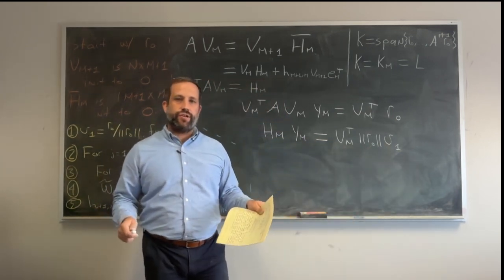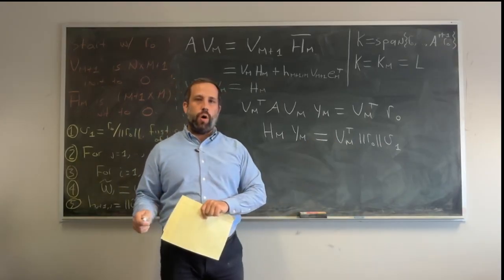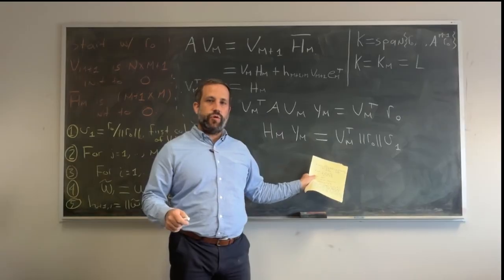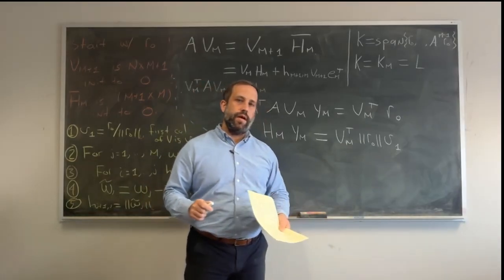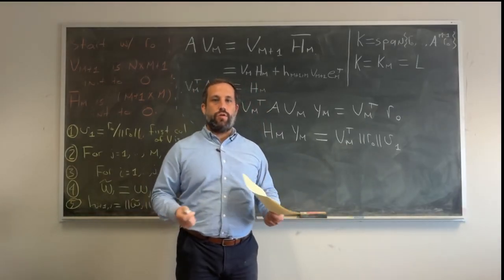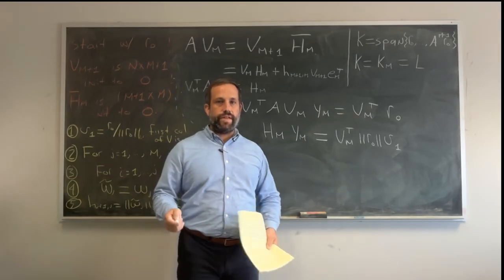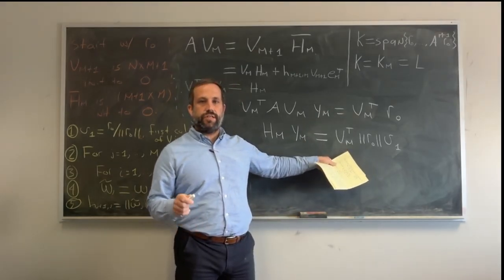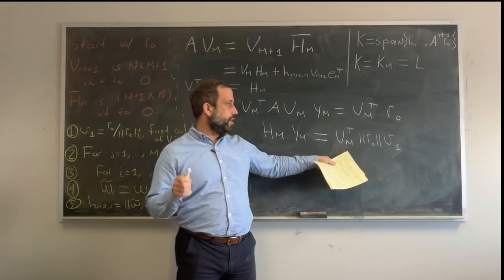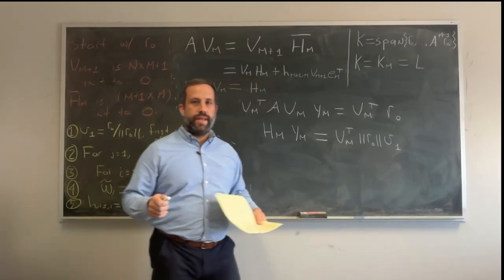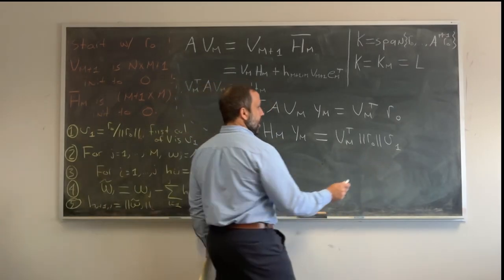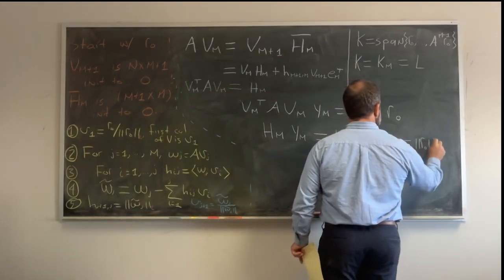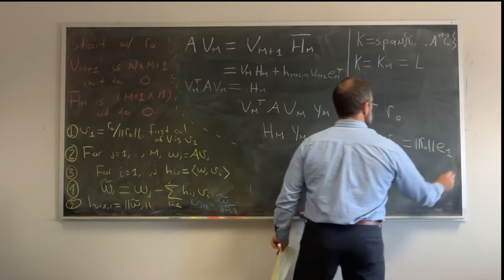What is the second entry? Well, it's going to be the second row of Vm transpose dotted with V1. In other words, the inner product of V2 with V1. Well, V1 and V2 are orthogonal, so that's going to be 0. And it's going to be 0 for all of the other entries, all the way down to the last row of this matrix. The last row is the vector Vm. By construction, Vm is orthogonal to V1, so therefore it's going to be equal to 0. And so this is just going to be equal to R naught times E1.